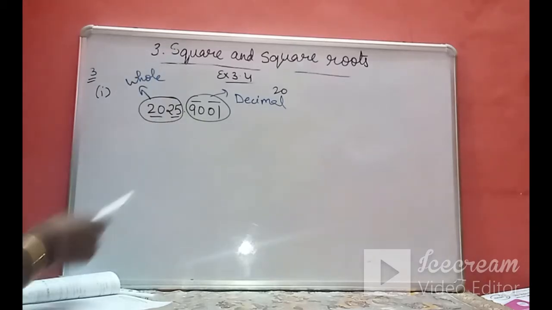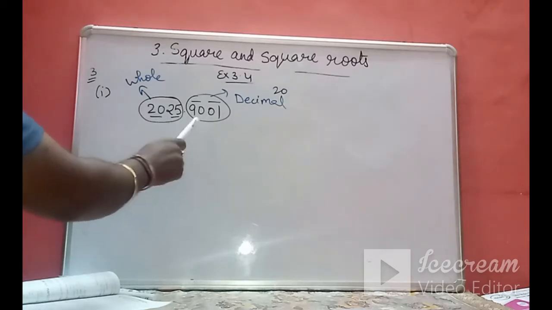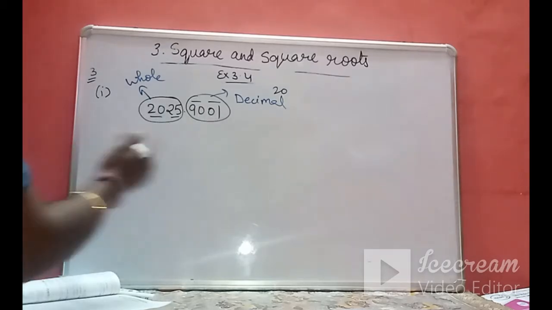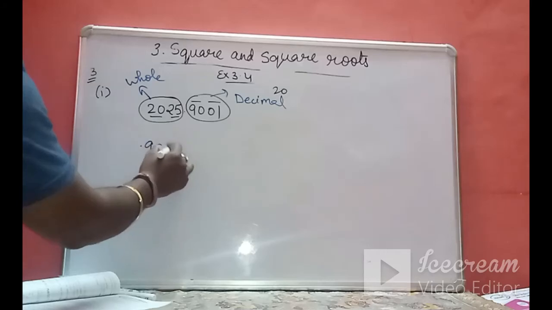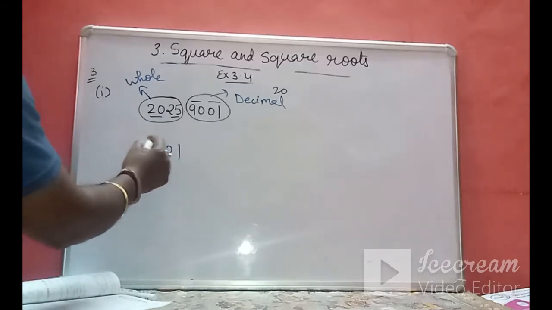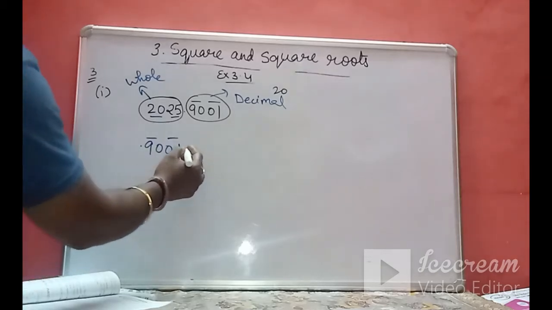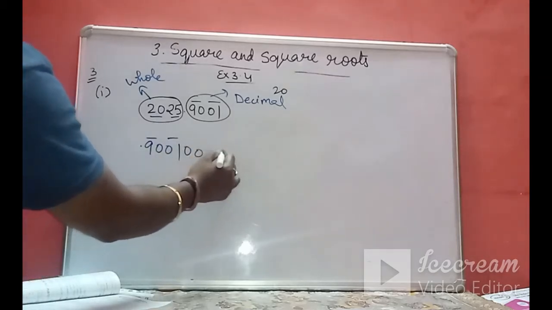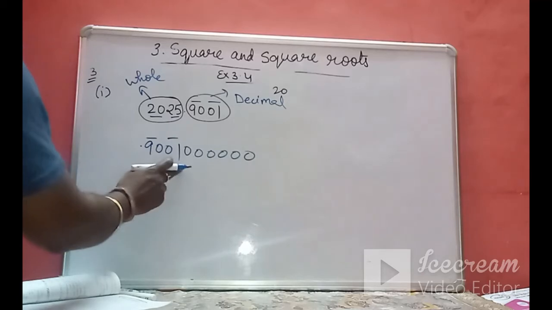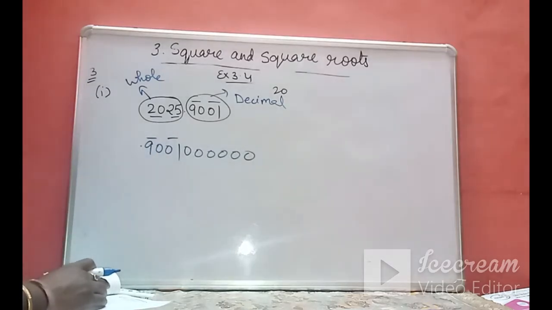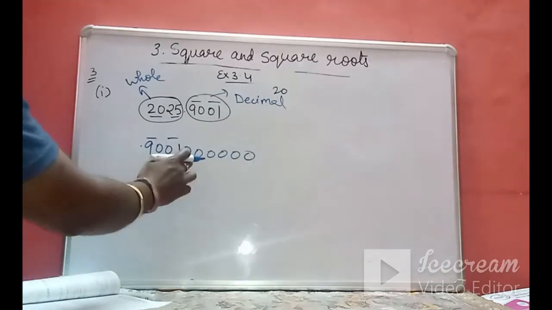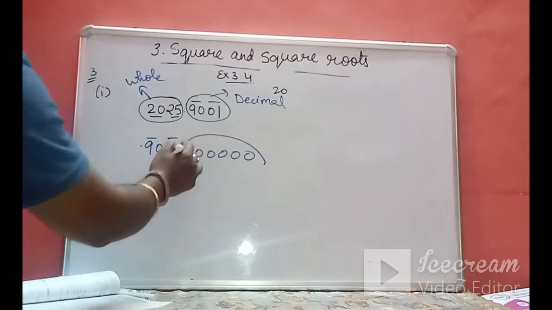Now what is the reason to start the pairing from here in the case of the decimal? Because in the case of decimals, we can put as many zeros as possible after the number ends, and the number will not change.